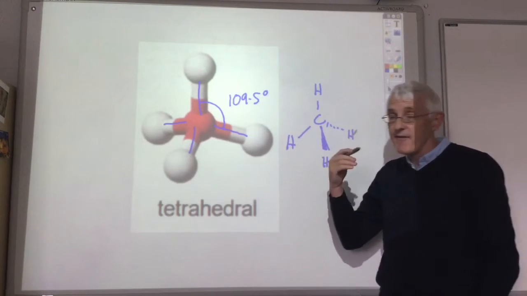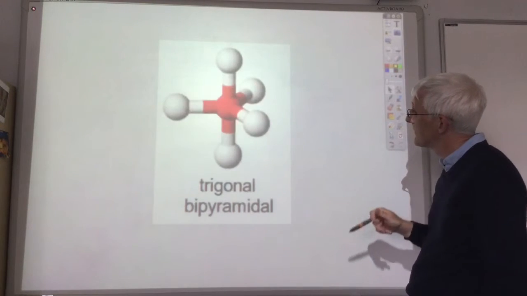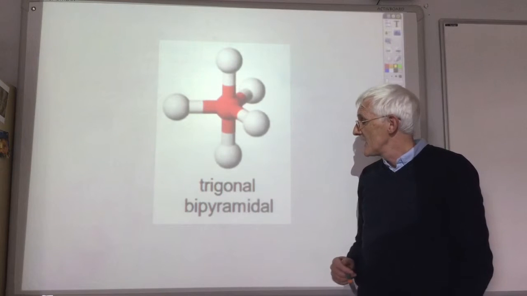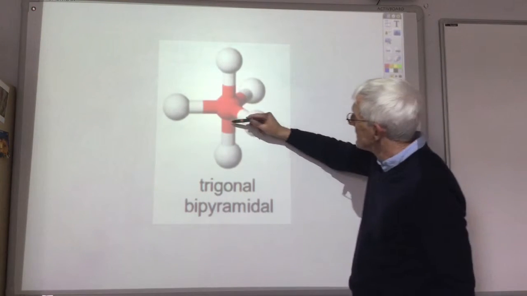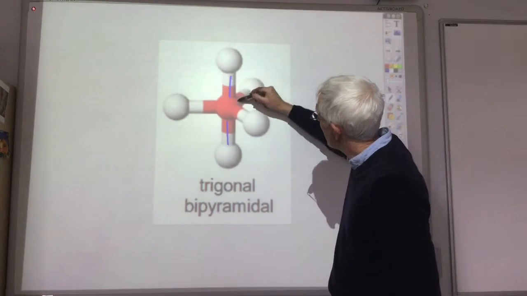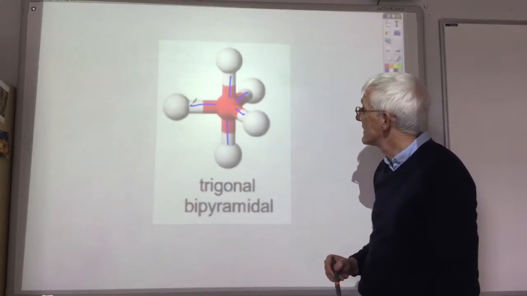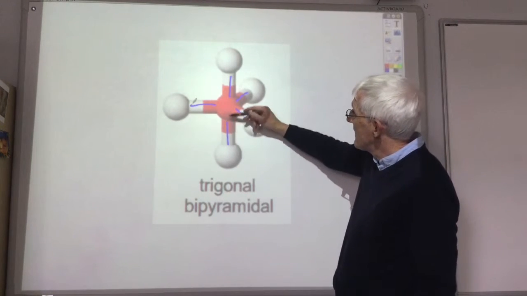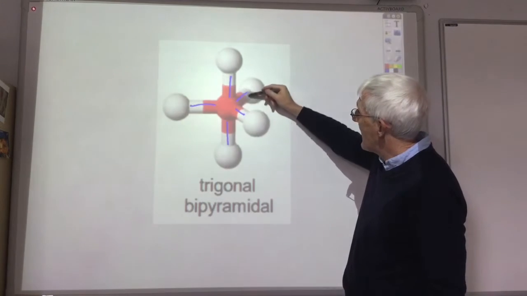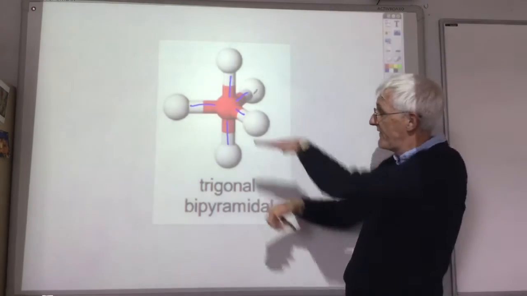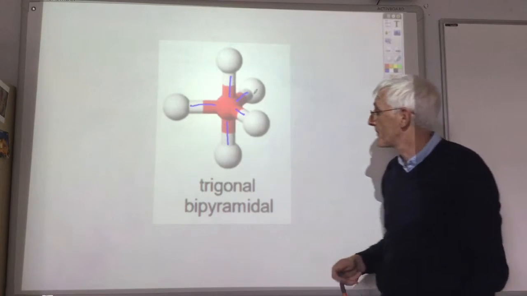Okay, if we move on to having 5 electron pairs, we end up with this trigonal bipyramidal shape. So we've got 1, 2, 3, 4, 5 different electron pairs. So the angle between this one and this one is 90 degrees, and between the ones lying flat in the plane, they are 120 degrees apart.